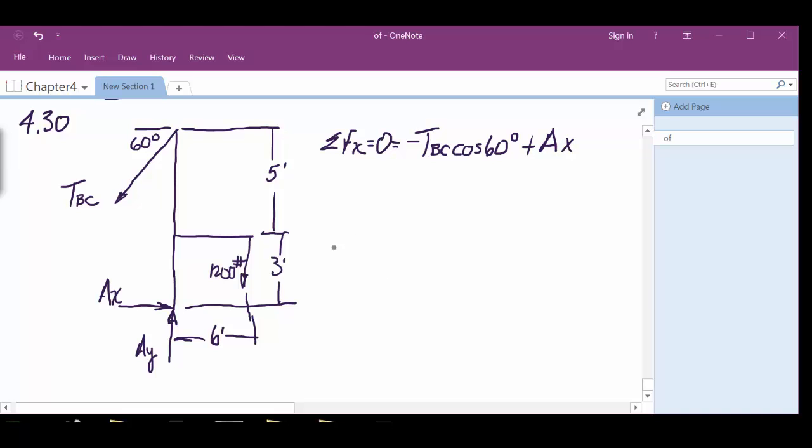Okay? Sum the forces in Y. AY minus the tension in BC sine of 60, minus 1,200.